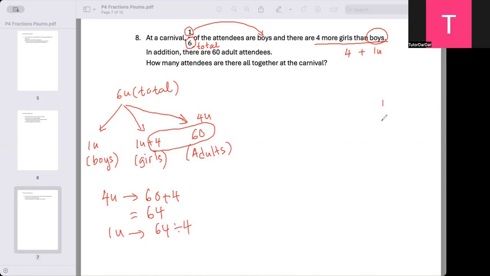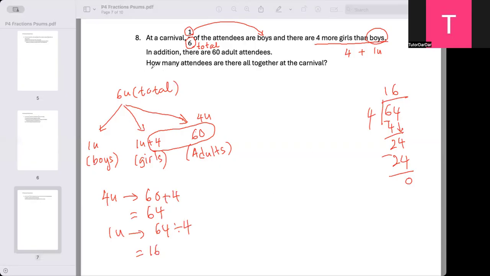So what do we get? 64 divided by 4: 4 times 1, 4, minus, 2, bring down the 4, 24, 6. So 24 minus 0. So 1 unit is equal to 16.